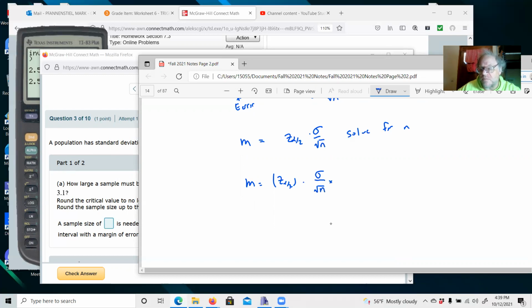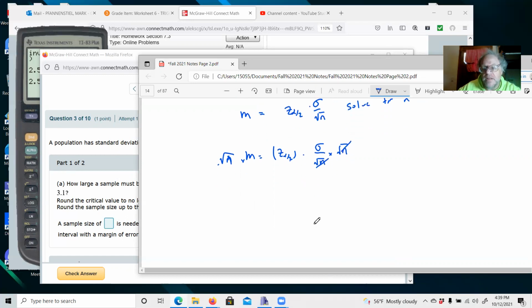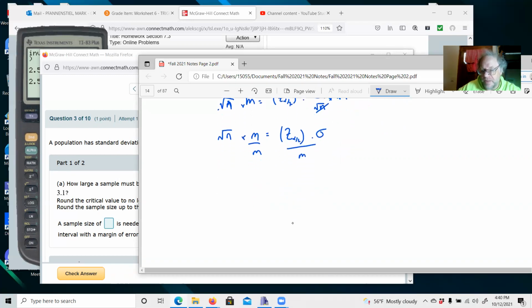So I'm going to multiply both sides by the square root of N. We're doing the same thing on both sides. They cancel on this side. So we have the square root of N times M is equal to Z alpha over 2 times sigma. Now we're going to divide by M, so the M's cancel.